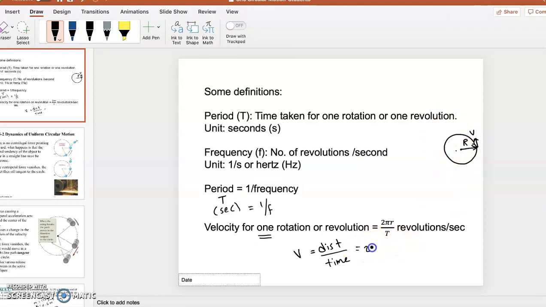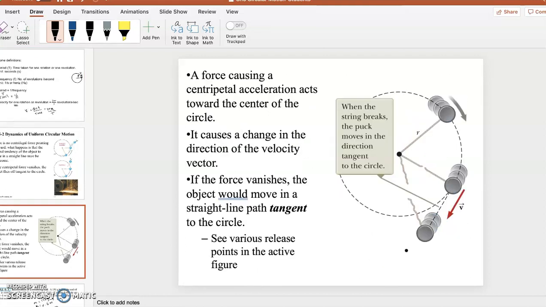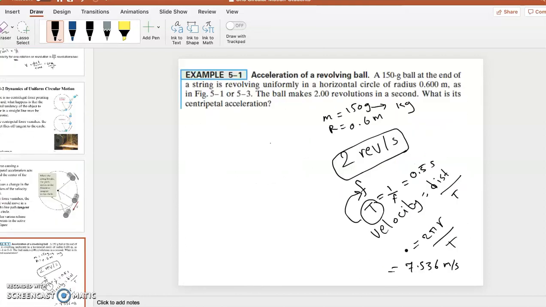So it is 2 pi times r, the radius of the curve, divided by the period tau. If we go back to this example, that was the slide you need to review before solving it. So we found the velocity.